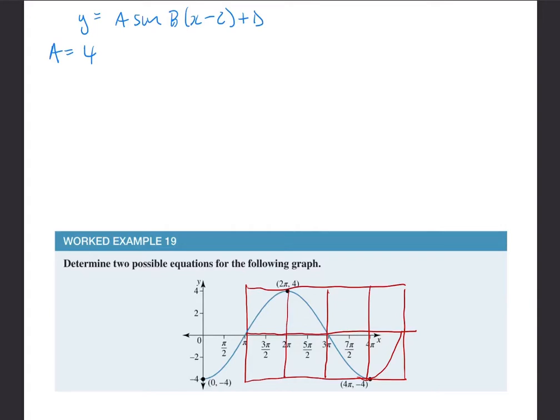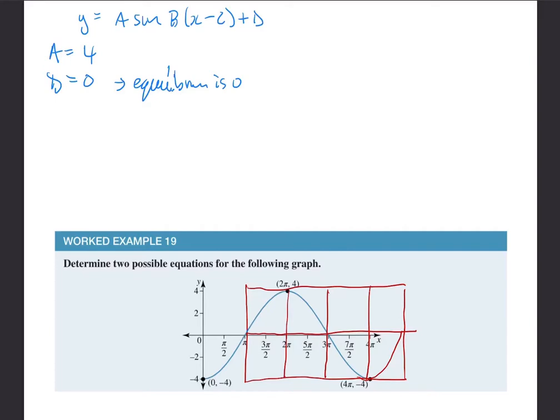So A is 4. You need to write that down. D equals 0. The reason D is 0 is that equilibrium is 0. Equilibrium is 0. Amplitude is 4. You can say there's a dilation by a factor of 4 in the direction of the y-axis.